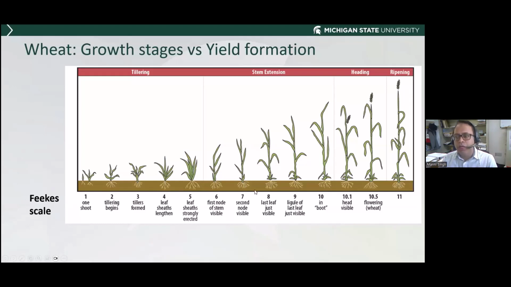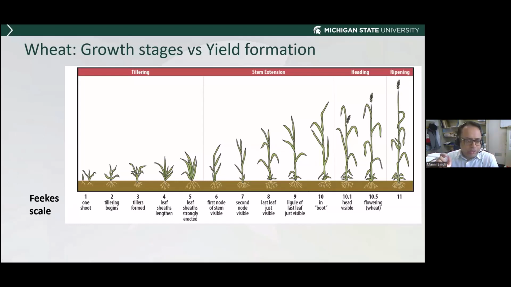And now we are in this stem elongation phase where we are seeing actual stem nodes come above the ground level, and we'll cover a couple of these important stages. Then this eventually leads into reproductive phases, starting with heading, flowering, and then maturity, which are down the road.